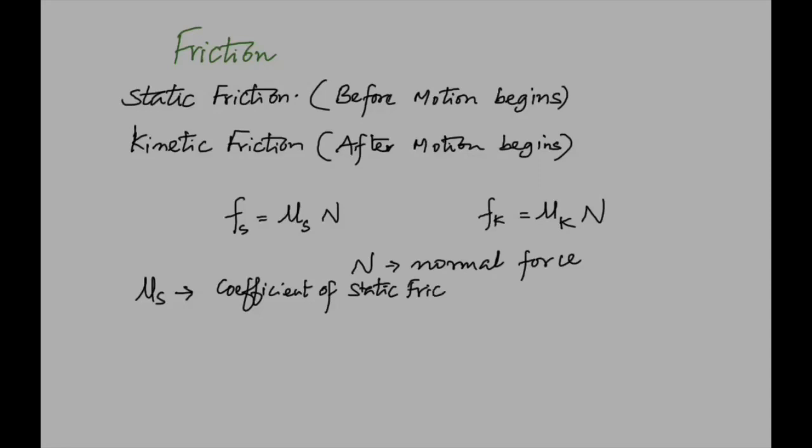And which one did I say was less? Kinetic friction is always less. N is the normal reaction or the normal force. So I'm going to illustrate how to work out a problem using these two formulas. Yep, mu k is less than mu s. Remember that. Here is a situation.